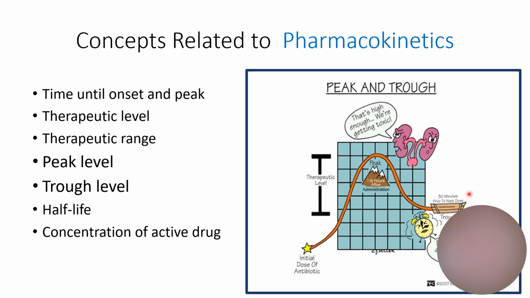So it took 6 hours for half of it to get out of the body. They had 50, so 6 hours later, if half of it's gone, there's still 25 milligrams left in the body. In 12 hours, 1/4, or 12.5 milligrams, of the initial dose will be left in your body.